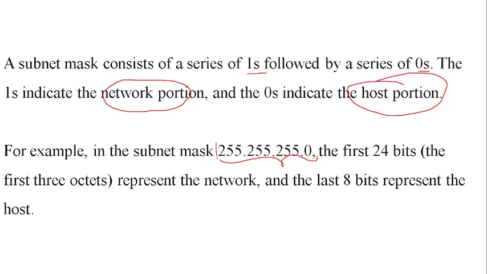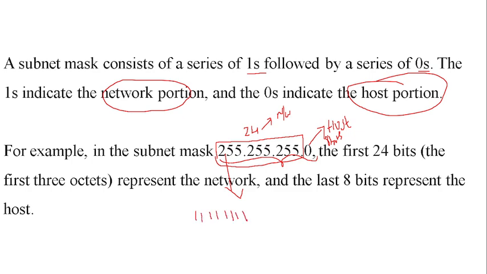Then the first 3 octets or 3 blocks, that is 24 bits, we call it as network ID, and the remaining byte or 1 block, we call it as host ID. 24 bits are reserved for network ID and the last 8 bits are reserved for host ID.